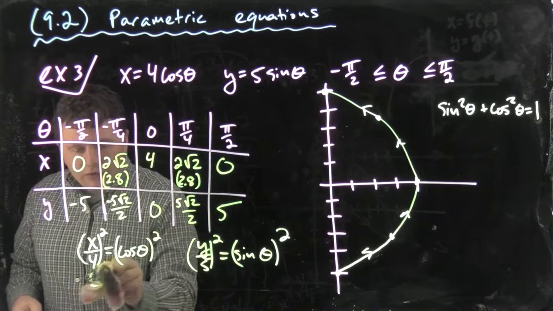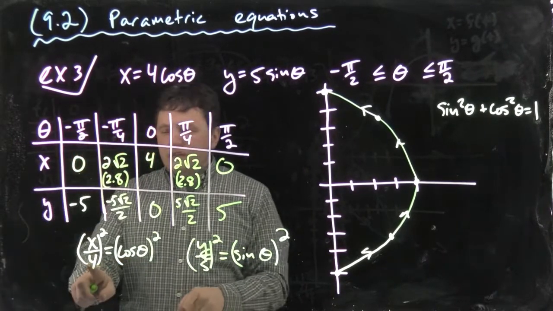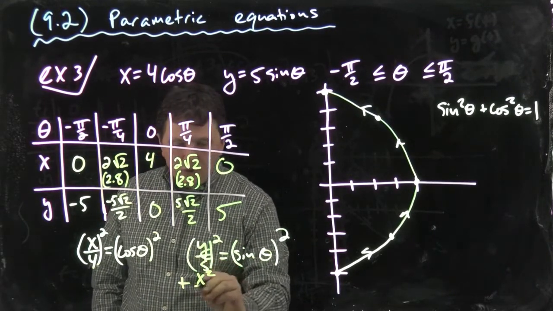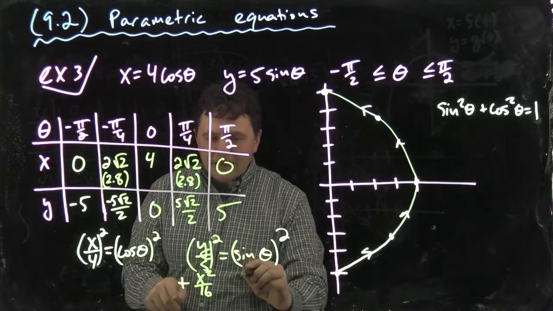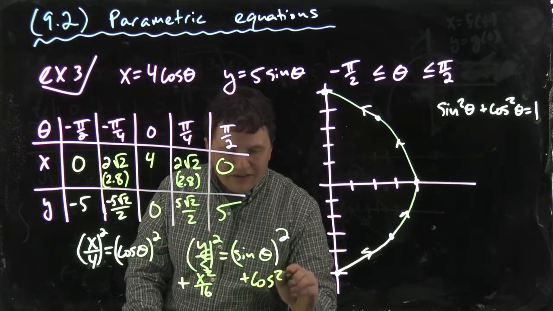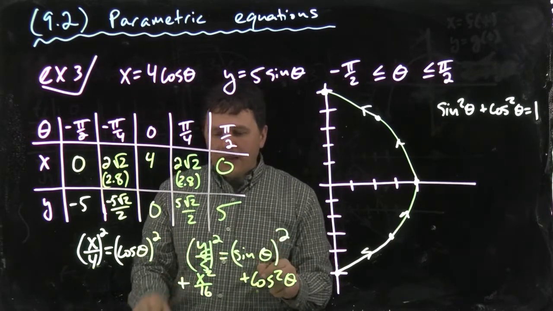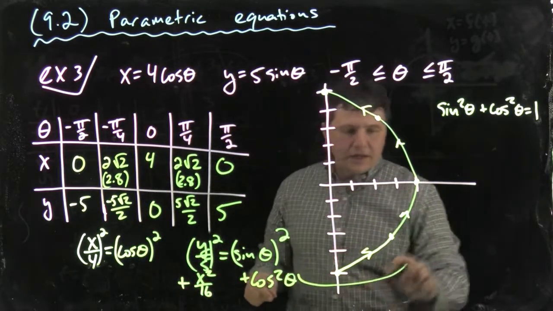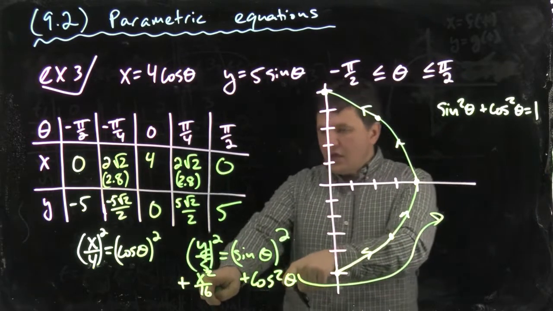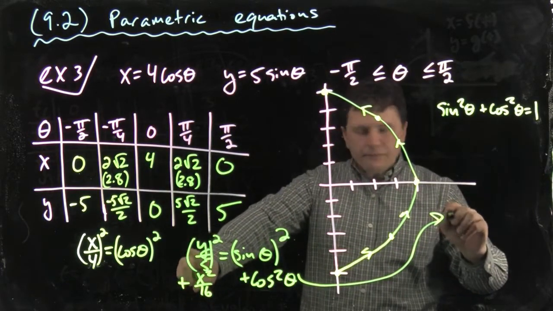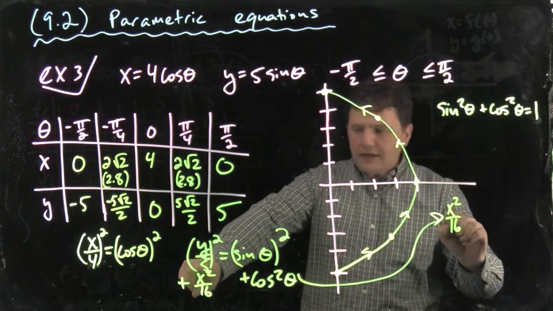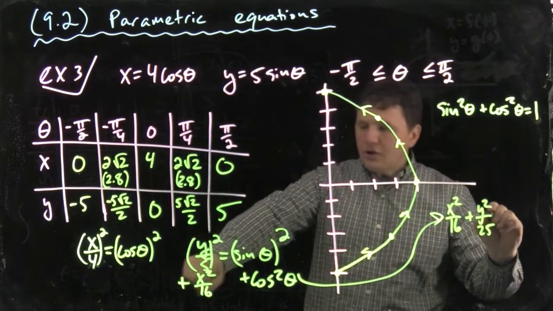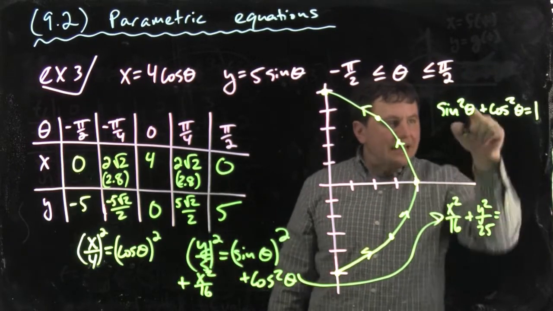Okay, so now what I can do is realize that this is equal to this. So I can add the x squared over 16 to this side, and I can add the cosine squared to this side, and it's going to remain balanced. So here, let me move over here. Sorry about this, I know at the bottom you start getting cut off. So what I'm going to get is x squared over 16 plus y squared over 25, which is equal to sine squared theta.